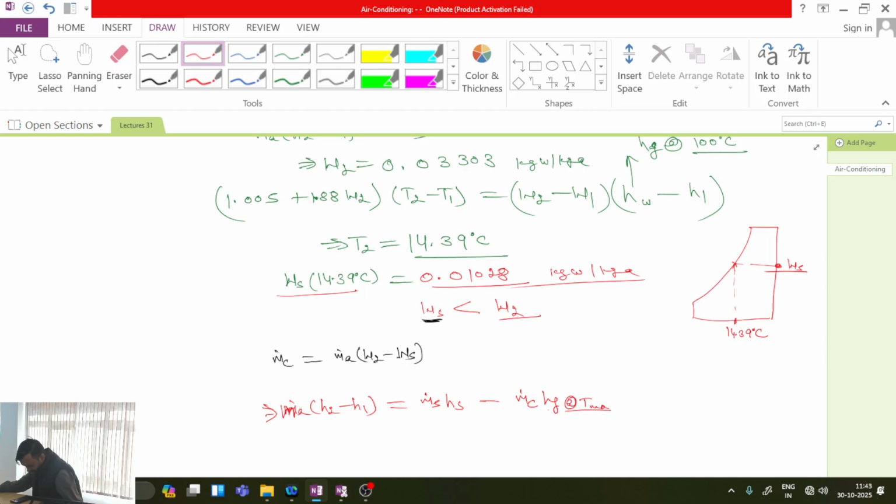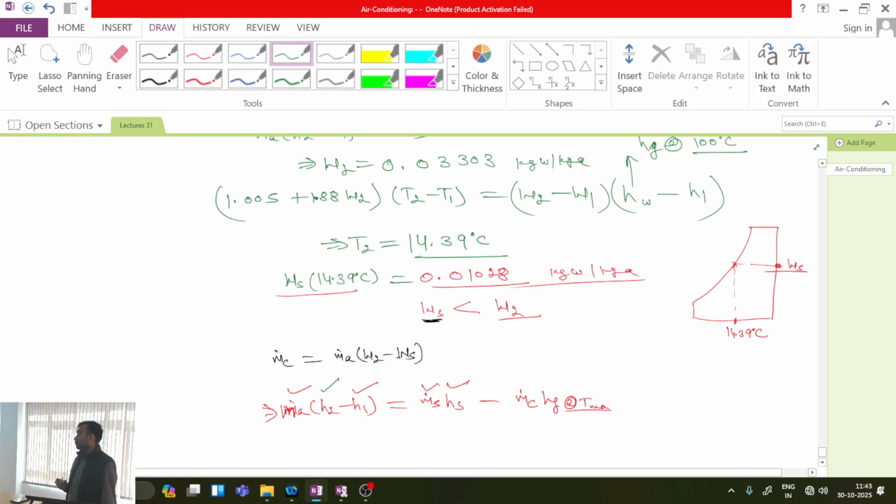From here we will find m dot c. You see what you can calculate. m dot A is known, H is known, this is known, this is known. However, now there are three unknowns. First is H2. For calculating H2, we must know something.